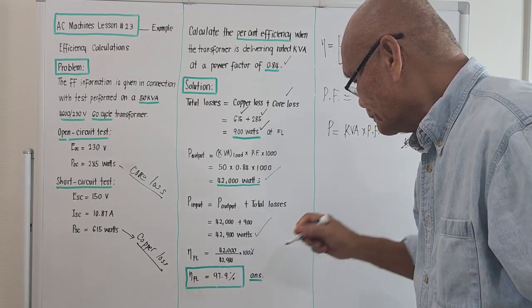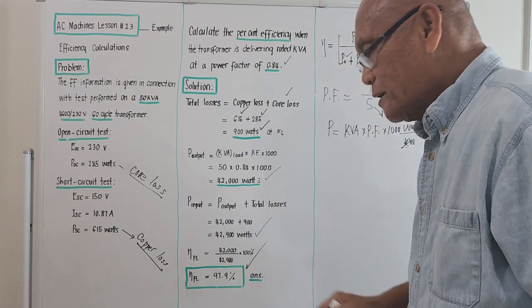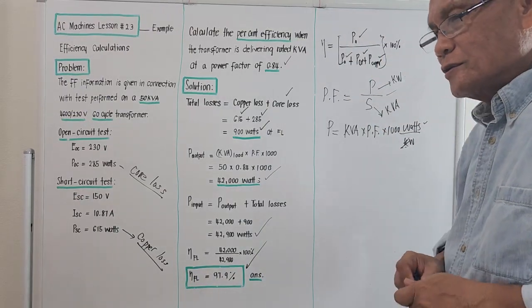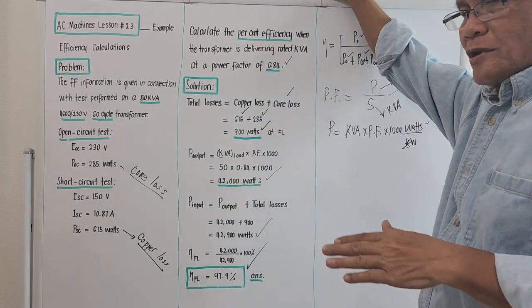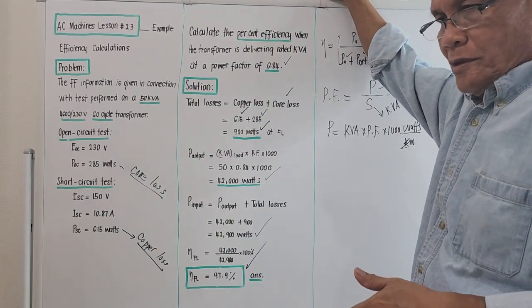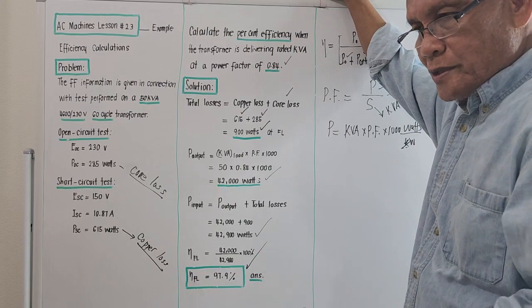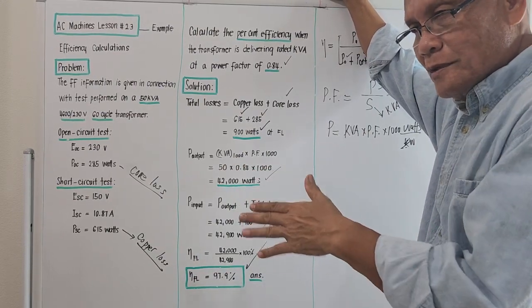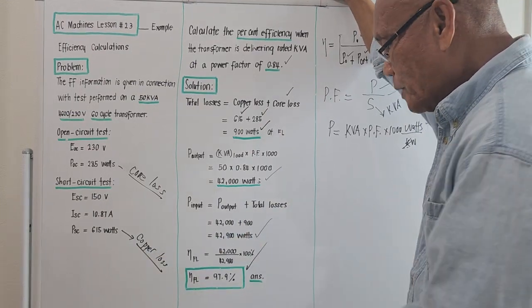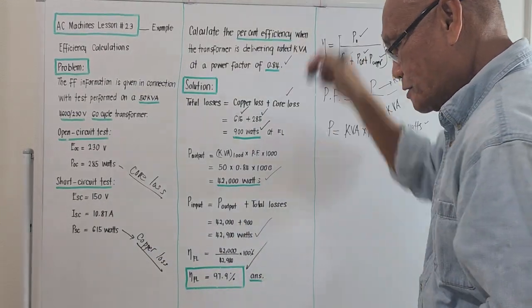This is very high. Like what I said in the annotations on the study of the concepts of transformer operation, transformers have high efficiency. It's more than 95%. So we have computed 97.9%. So this is correct.